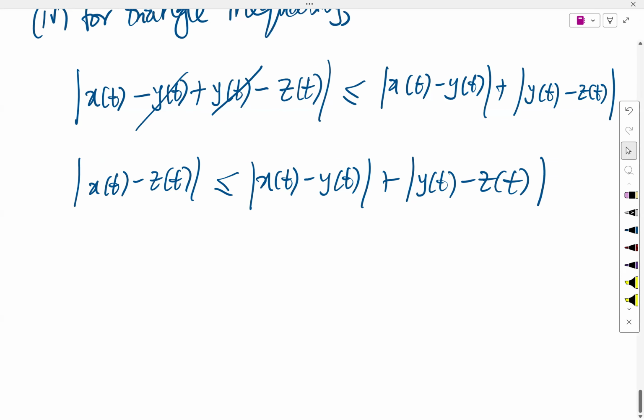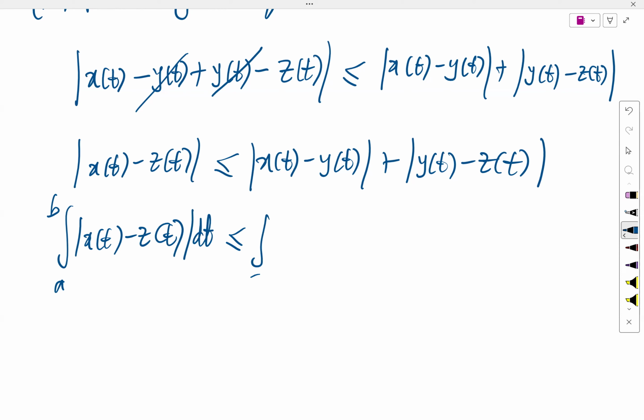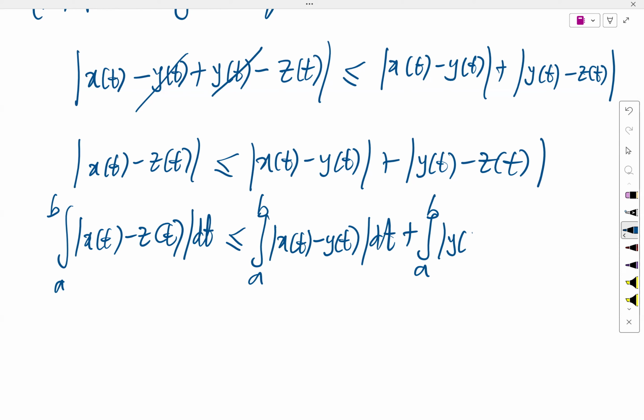So you can now include every other thing that's not there. So you have the integral from a to b of the absolute value of x of t minus z of t dt, less than or equal to the integral from a to b of the absolute value of x of t minus y of t dt plus the integral from a to b of the absolute value of y of t minus z of t dt.